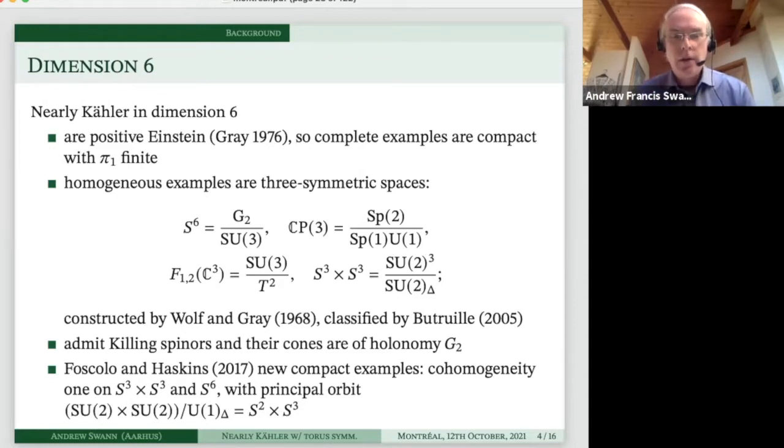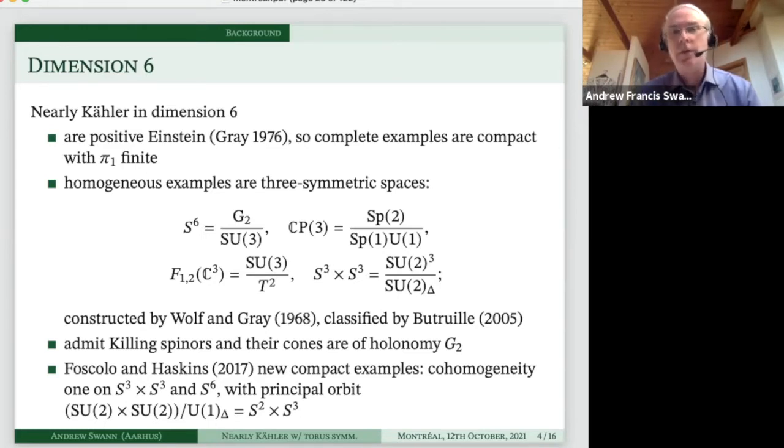And the principal orbit here is SU2 cross SU2 divided by a diagonal U1. So the principal orbit is a copy of a 2-sphere product with a 3-sphere. So this was a big piece of news when this result came out in 2017, and it's very good to have extra examples that are not homogeneous spaces.